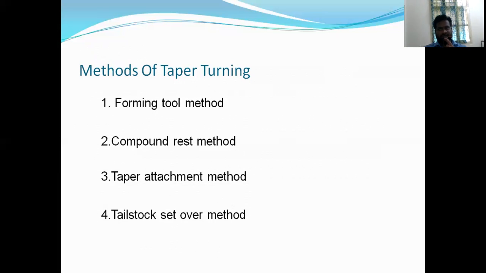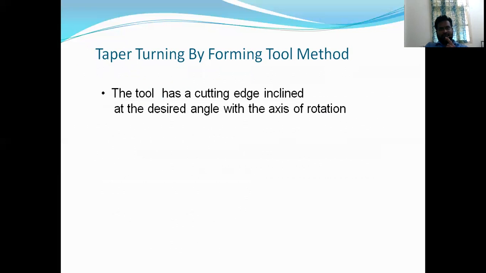Before that, what is taper turning? It is a conical surface produced on the workpiece, right? Now we are going to discuss taper turning by the forming tool method. The name itself tells us it is a form tool, right? The shape of the taper we are going to produce on the workpiece is the same as the opposite of the face on our cutting tool.